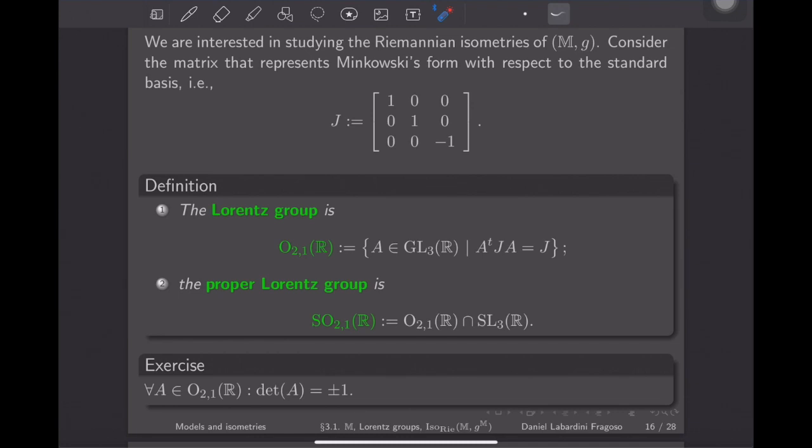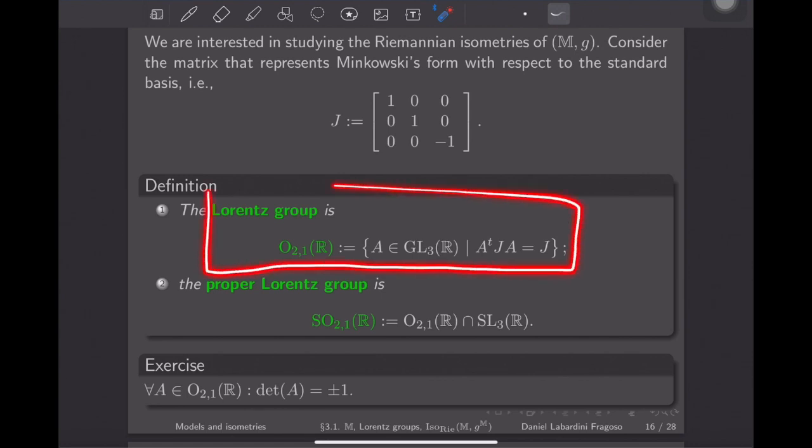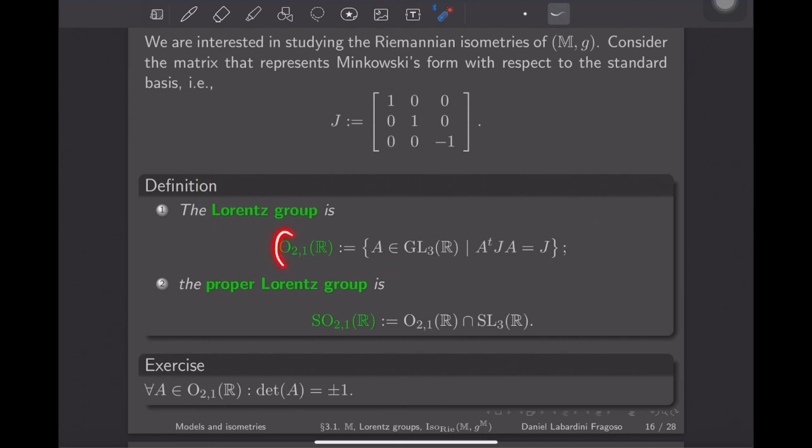What we're about to see is that we're going to realize the Riemannian isometries of the hyperboloid as subgroups of the group that preserves this matrix. So we define the Lorentz group, O(2,1), where the 2,1 is precisely because of this plus, plus, minus.